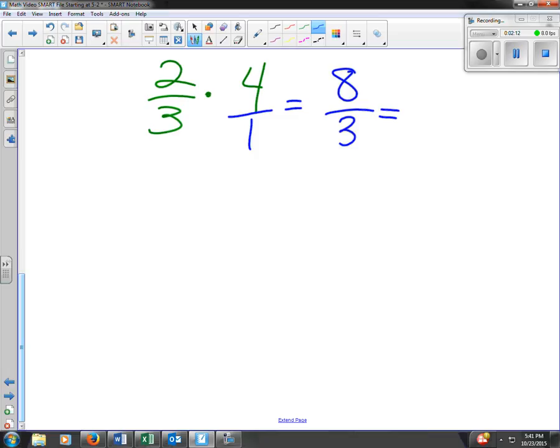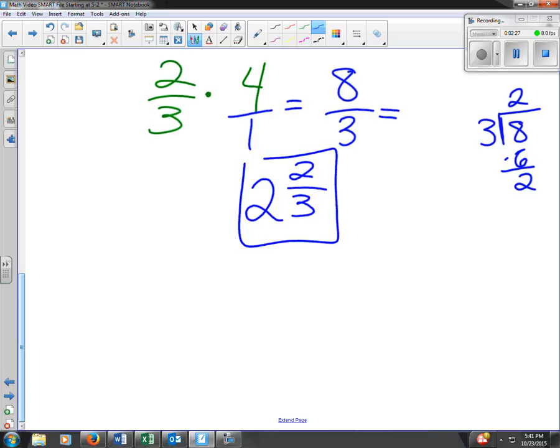That would never be okay. On the side, this is something I don't need to see, you would do your long division, and you would get 2 and 2/3. And you're done. Something really easy.